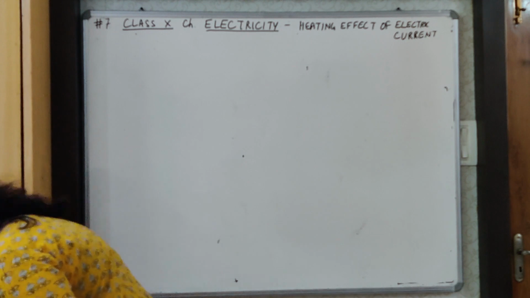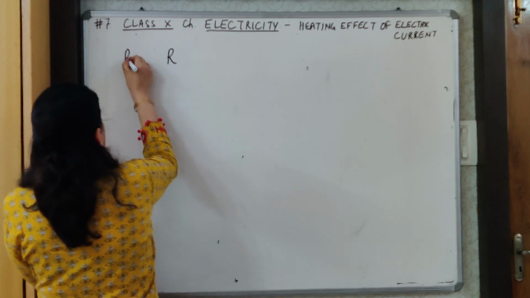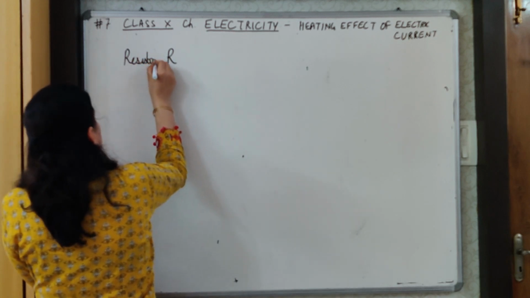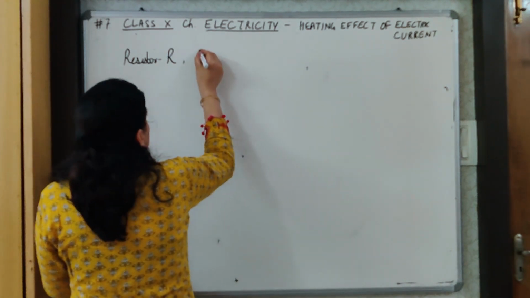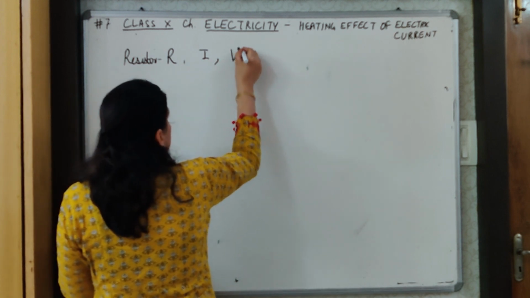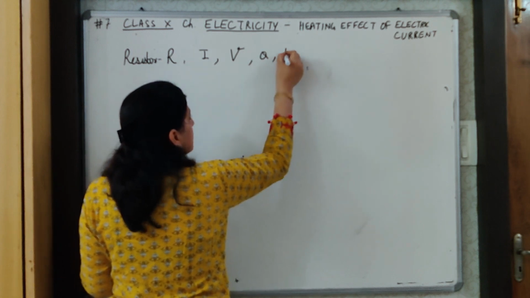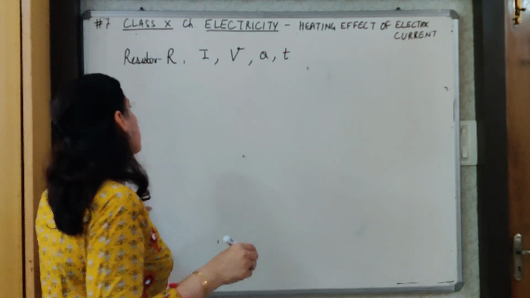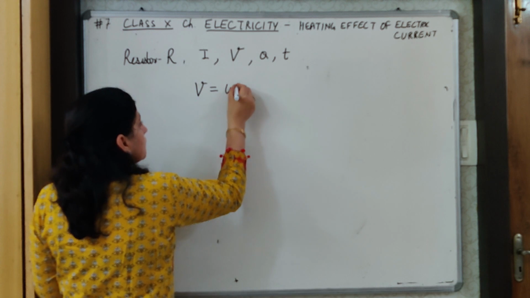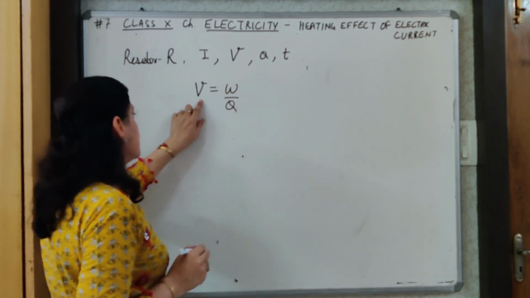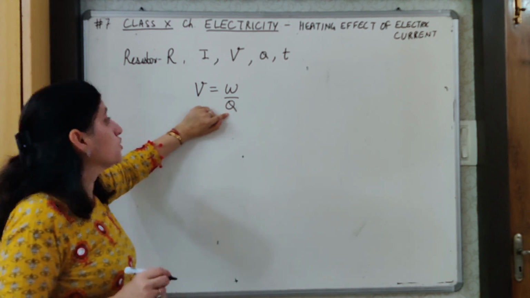Okay. So now let us consider that we have a resistor R, and through this resistor, say a current I is flowing with the help of potential difference V, and the charges flowing are Q in the time T. If you recall a formula, we have done the formula that V is equal to W upon Q, where V is the potential difference, W is the work done, and Q is the charge in Coulomb.